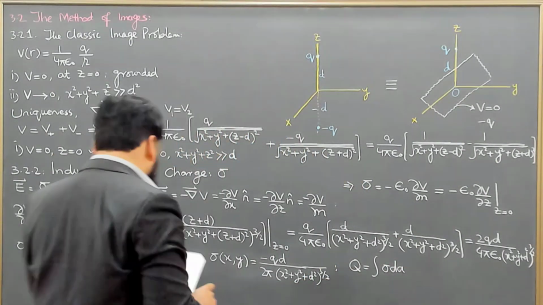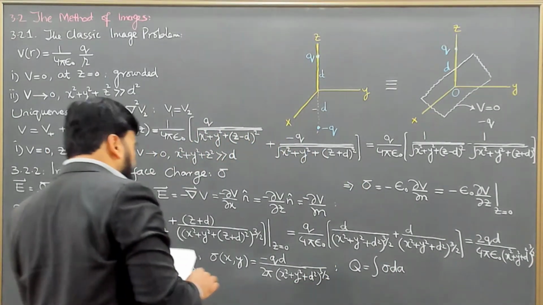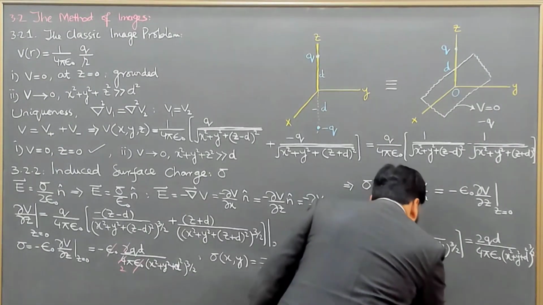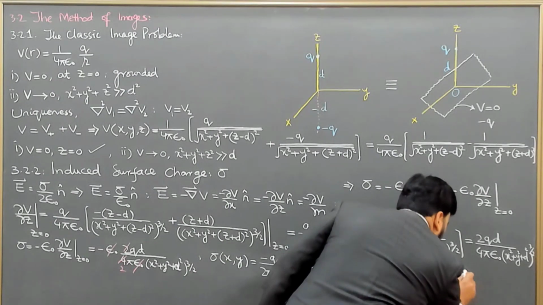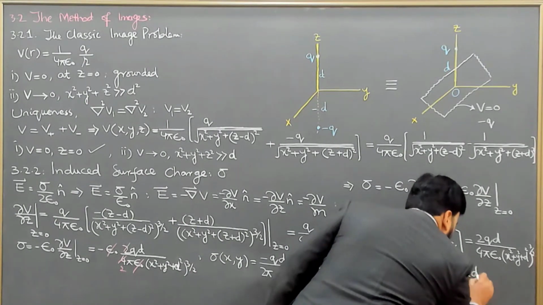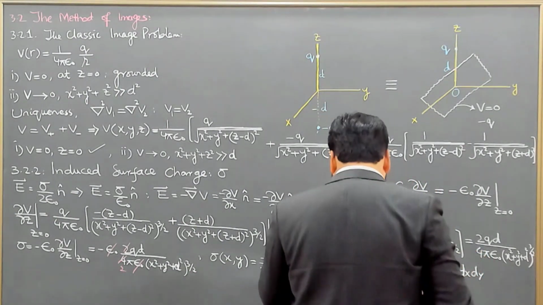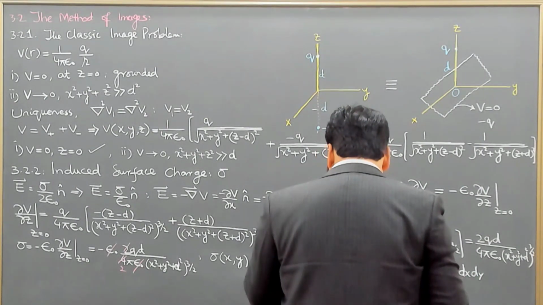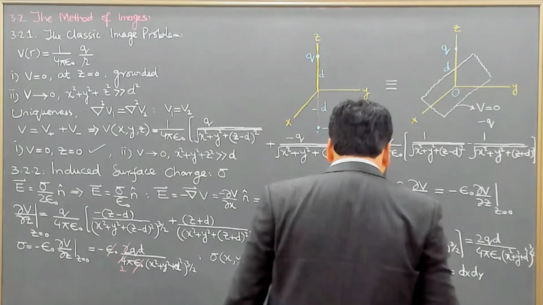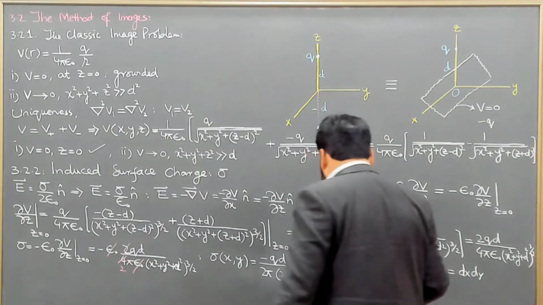Means I will integrate on the area. Now I know what the area is here. The area dA will be the area of the sheet, and this is dx dy. And the other thing is that this is the xy plane, and dx and dy, this is the area.